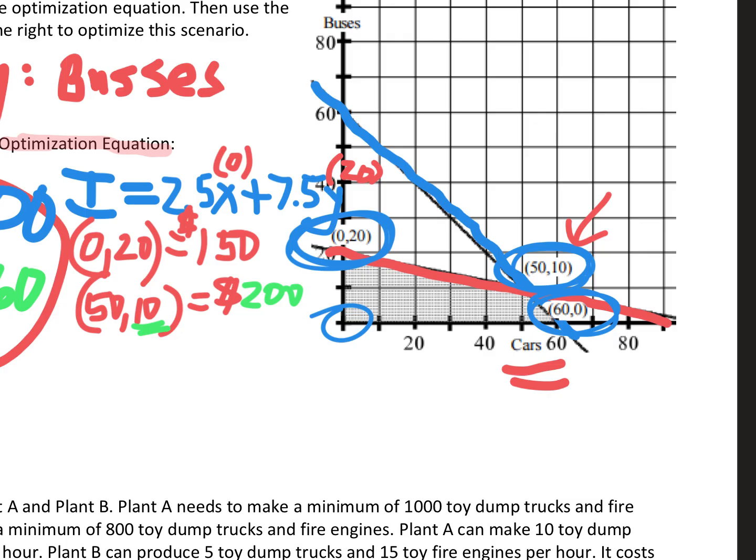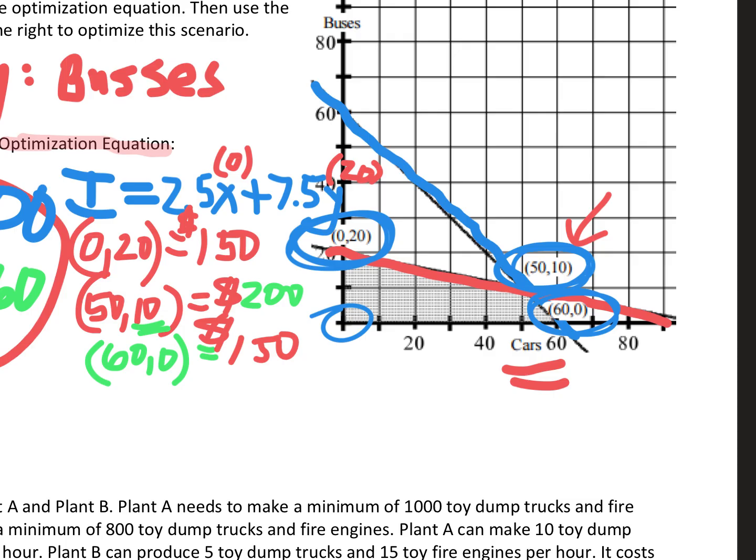All right. And then, Ryan, did you figure out the third point, 60 comma 0? It's 150. Because 60 times 2.5 is 150, is that right? People are verifying 150, is that right? Okay, good. All right, now I see those three, and all that really matters is that the maximum income is the 50 and 10.